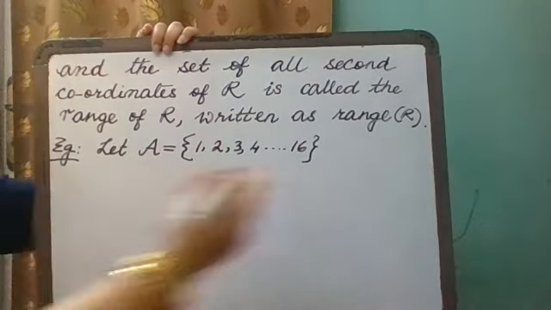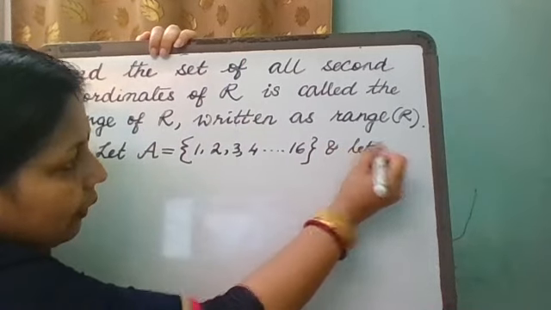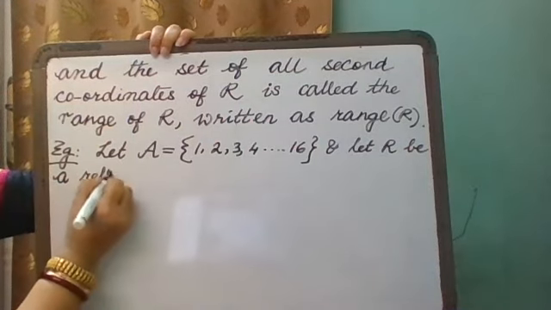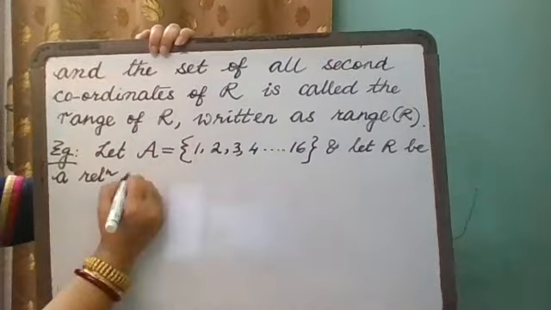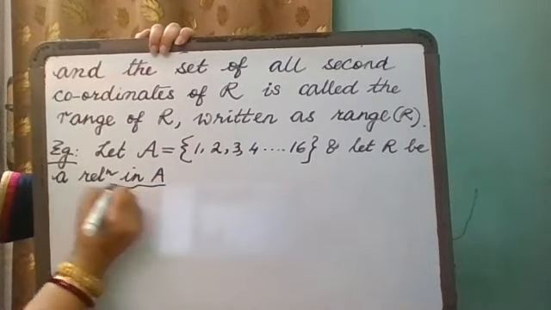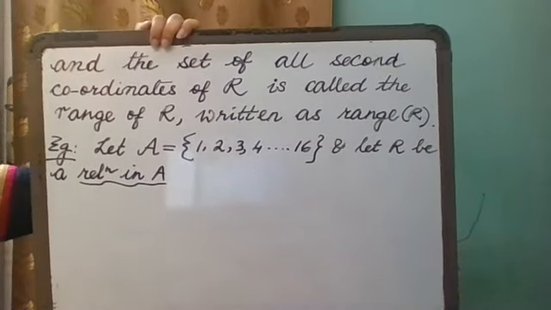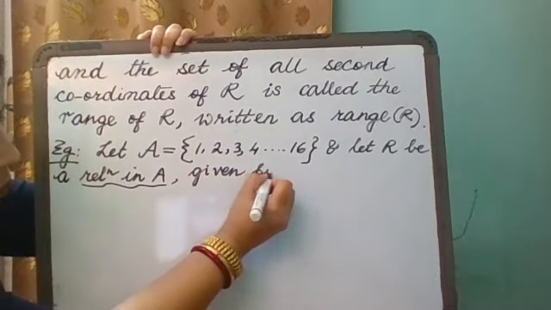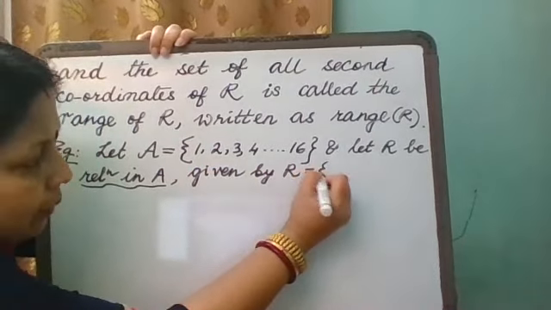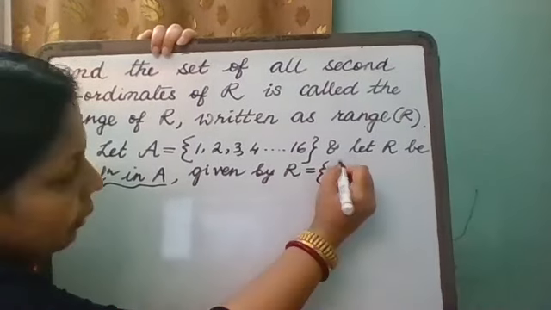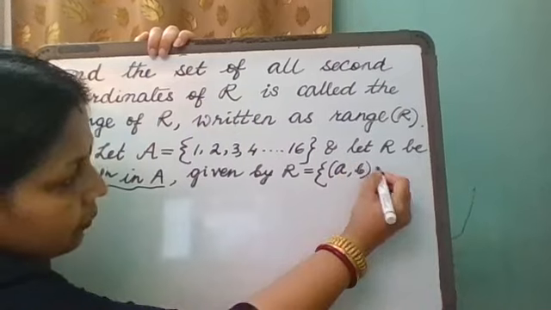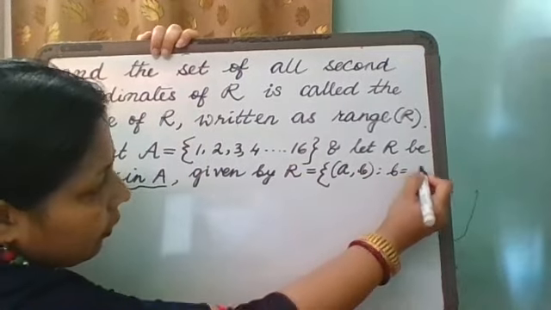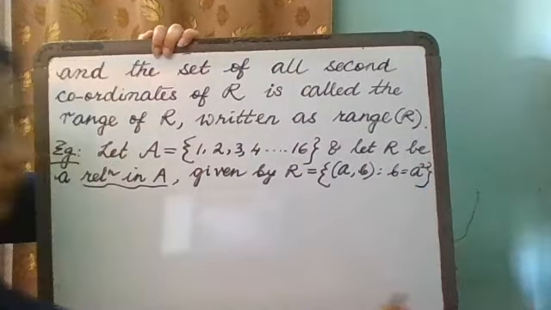And let R be a relation in A. When I say relation in A, it means relation from set A to set A, given by capital R equals curly bracket open, ordered pair (a, b) such that b equals a square. Close the curly bracket.